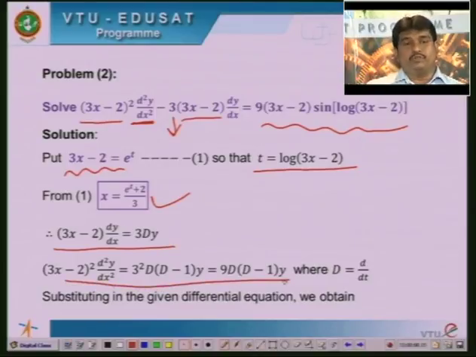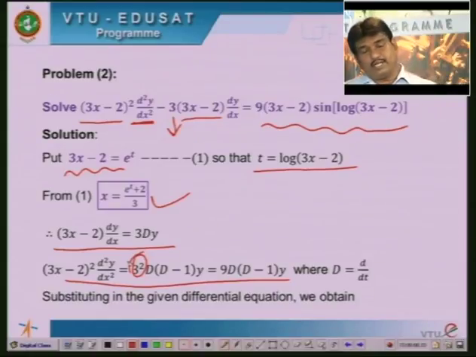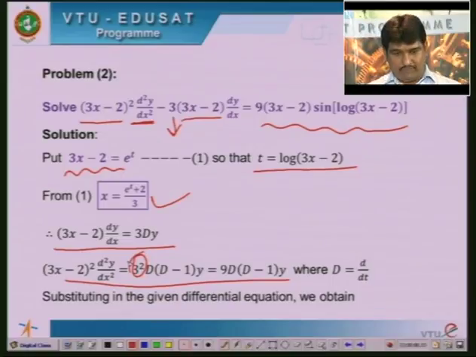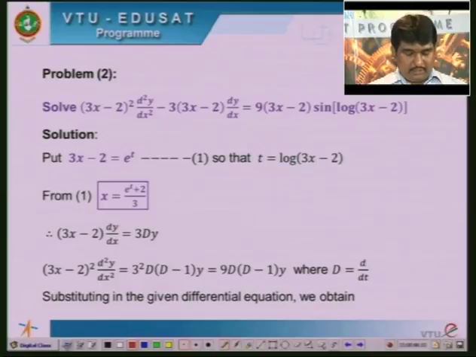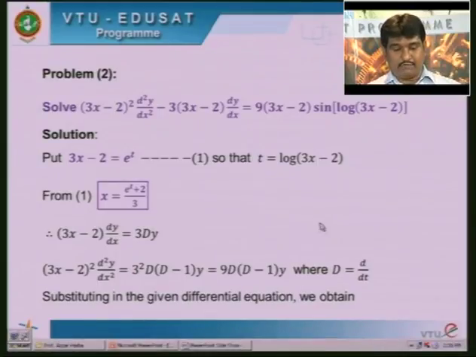(3x minus 2) into dy by dx gets transformed to 3 into Dy. (3x minus 2) whole square d square over dx square gets transformed to a square, a is 3 here, a square into D into (D minus 1) into y, which is 9 times D into (D minus 1) into y. Substitute all these things in the given differential equation.